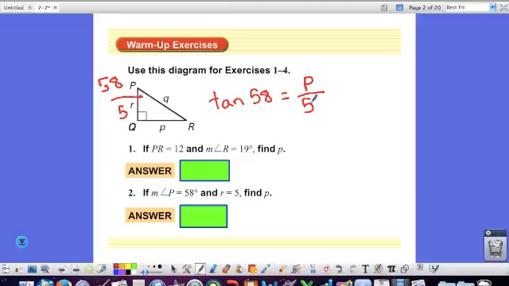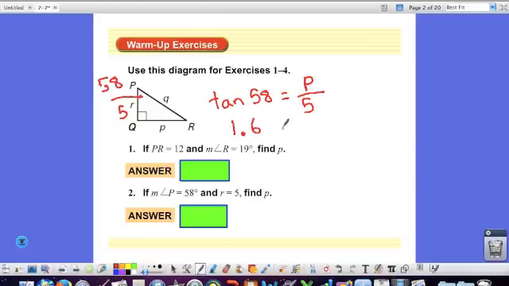So once again, I'm going to use my scientific calculator to get the tangent of 58. 58 tangent, I come up with 1.6003.